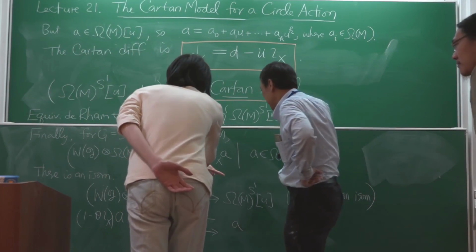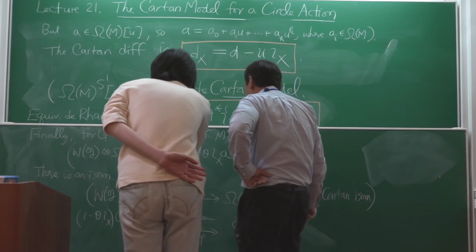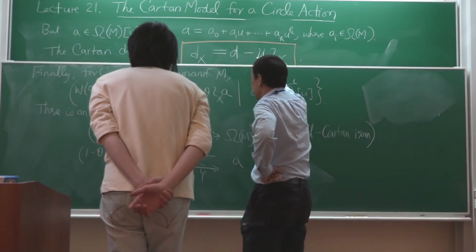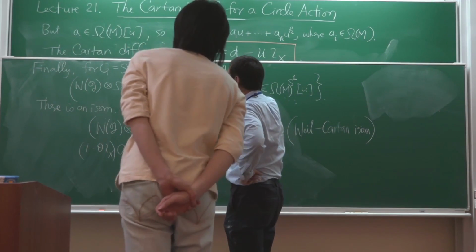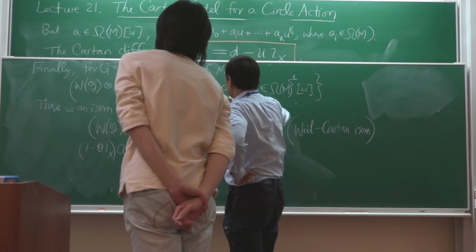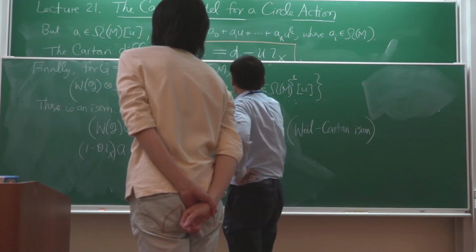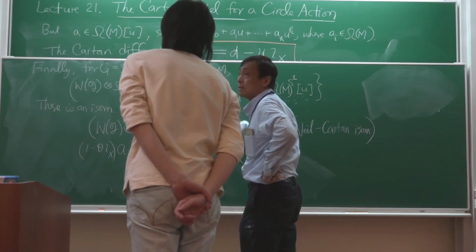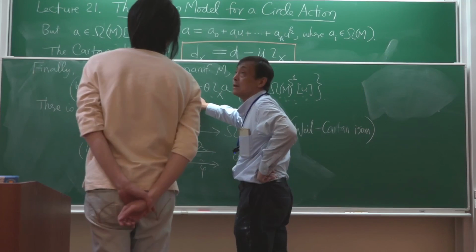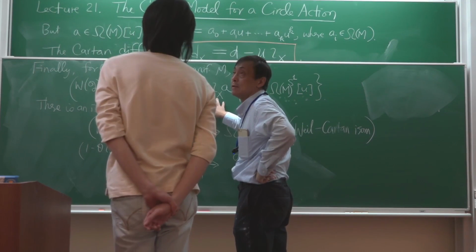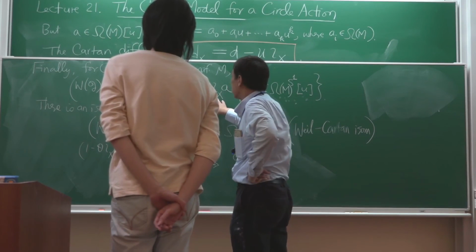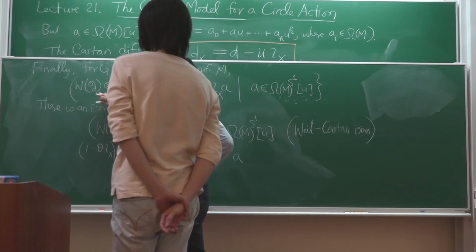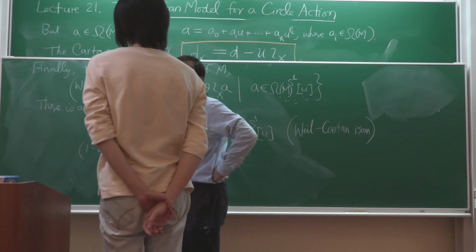Is this map well defined? Yes, it's well defined because we already showed that all basic elements look like this. There is a term which is a polynomial in U, which doesn't have theta in it, and this one has theta in it, right? So an element here either has a theta in it or it doesn't have a theta.